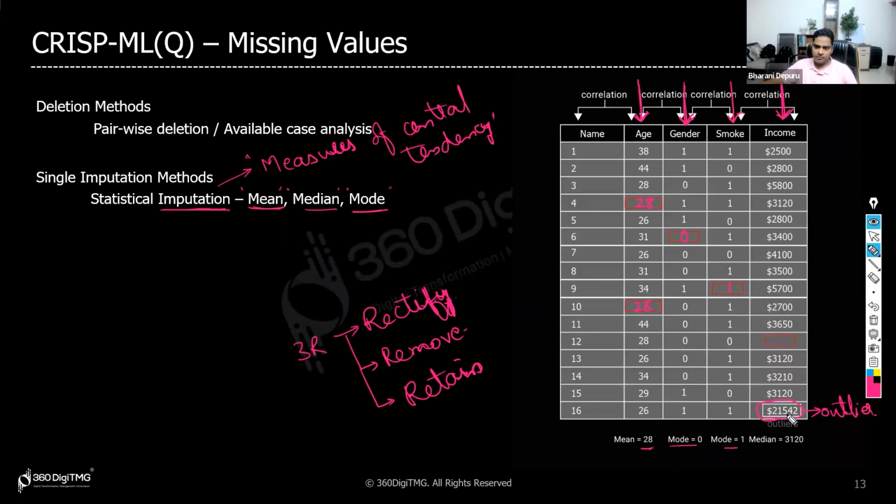You either rectify that if there's some mistake, or you remove it completely, or you retain it in your analysis if you feel these kinds of high values would appear in the future. So this is an outlier.